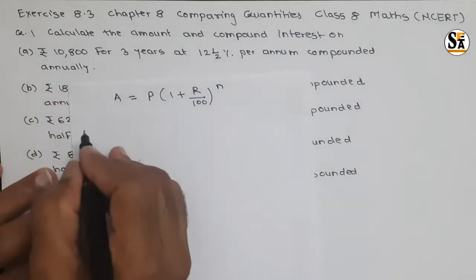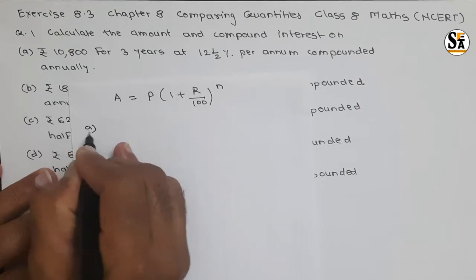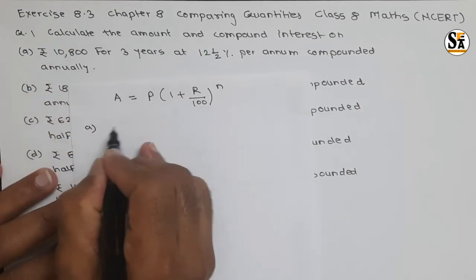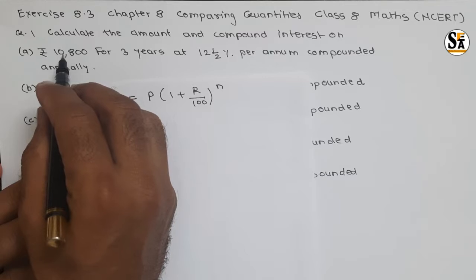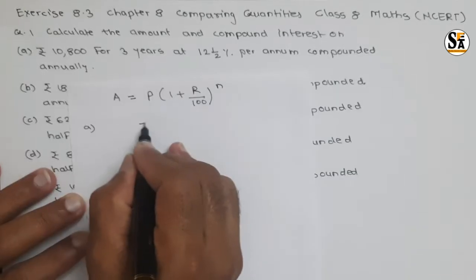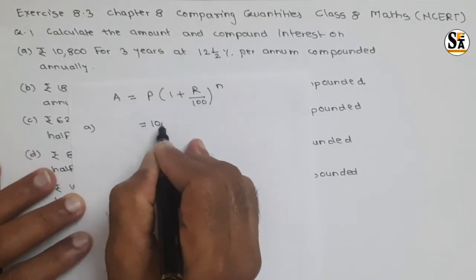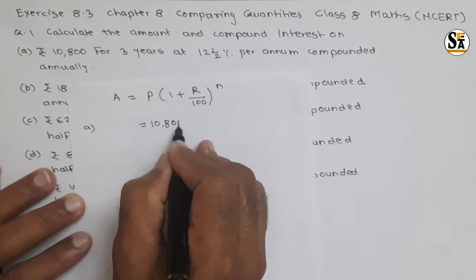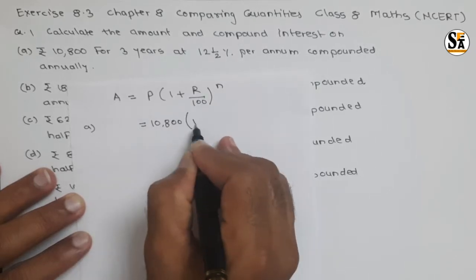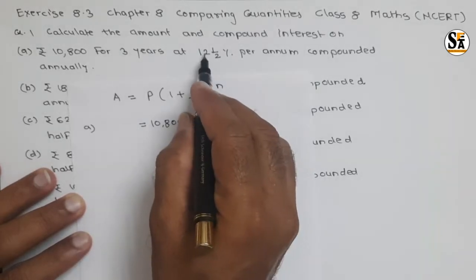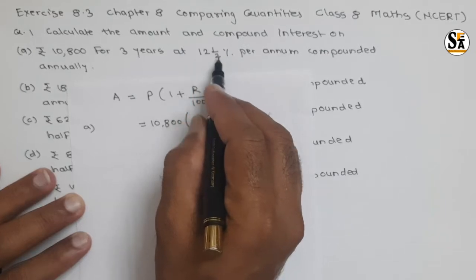So for the first example, for A, what is given? Principal is given 10,800. So write here 10,800 in the bracket 1 plus R is given 12.5.